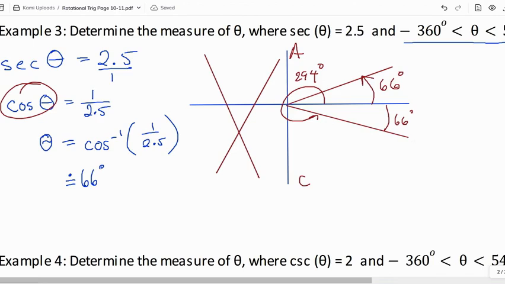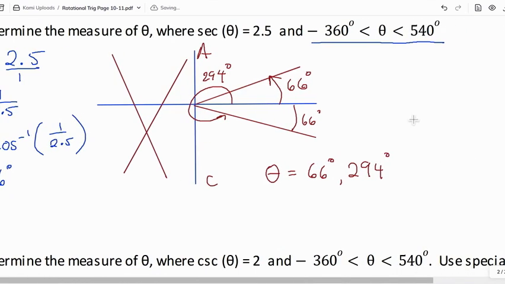Now, the third step is look at the restrictions. So do both of these angles, 66 and 294, satisfy the restrictions? Yes, because theta has to be between negative 360 and positive 540. So I've got two angles, 66 degrees and 294 degrees.